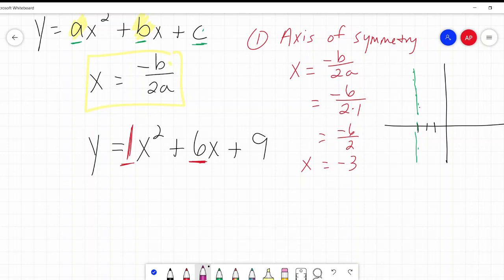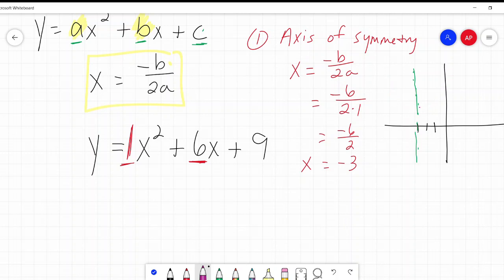This is a positive x squared, so I know it's opening up. I don't know if it's down here or up here, but I do know its vertex is on this axis. At that vertex, x equals negative 3.